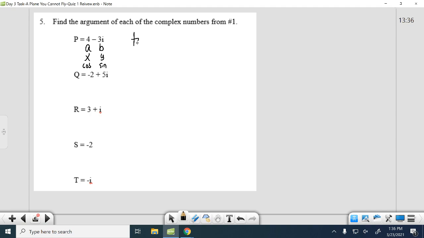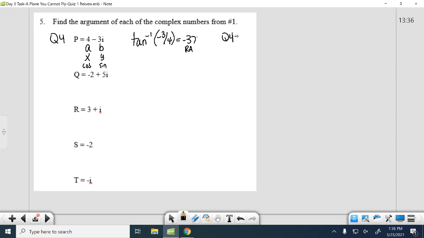So we're going to use tangent inverse of the b over the a. So the first one would be tangent inverse of -3/4, which gives us -37 degrees. We're going to use that as a reference angle and determine what quadrant we're in. So if we have the point 4, -3i, that's quadrant 4.